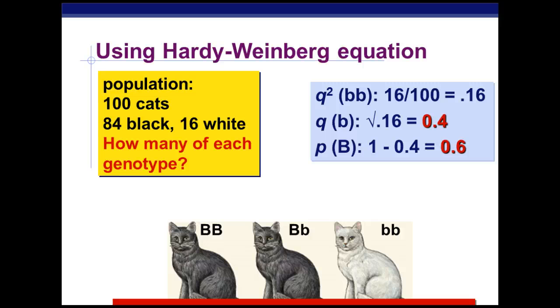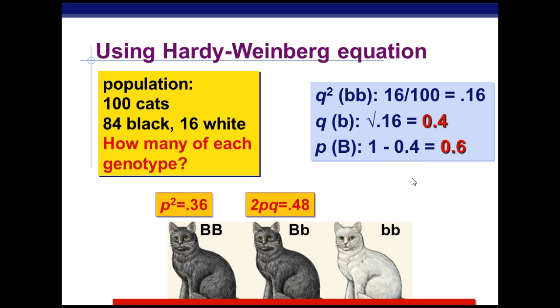Once we have p and q, we can then go back and plug these values into the Hardy-Weinberg equation. So in this case, p squared would be 0.36, right? 0.6 times 0.6 is 0.36. 2pq would now be 0.48.